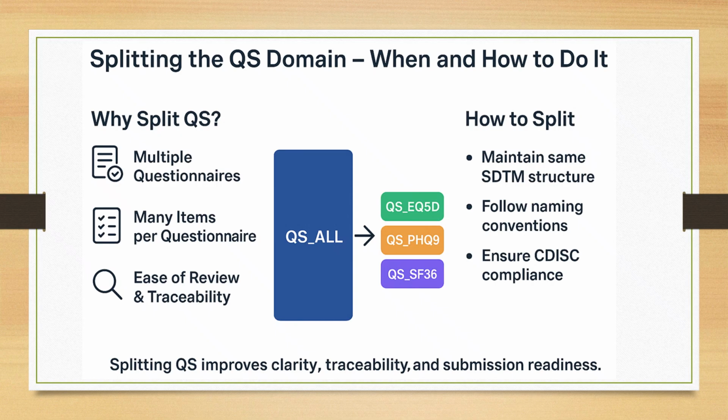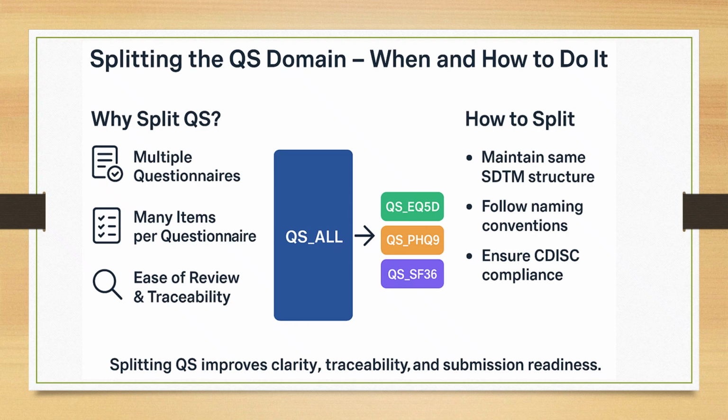In this case, the further split of this dataset can be called QS underscore SF36 underscore P1 for visits falling in period 1, and respectively for period 2 and so on. Or we can also split based on the visits, like creating a dataset for the first 5 visits, then another dataset for the next 5 visits and so on. So in this way, you can split the dataset in your QS domain.